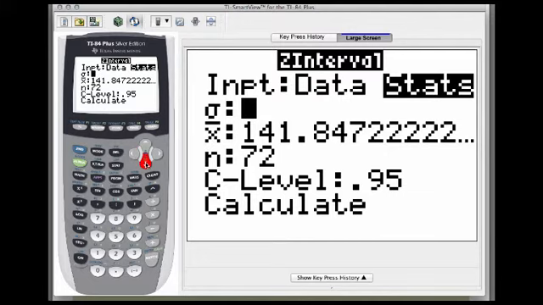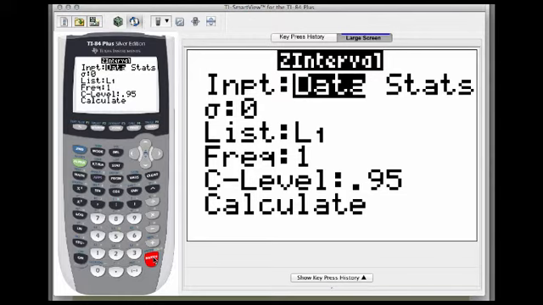If you have the data in a list, you can let the calculator do all the work. Notice the third line asks what list your data is in.